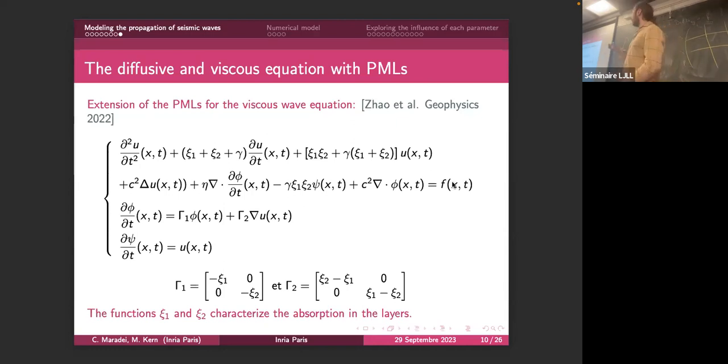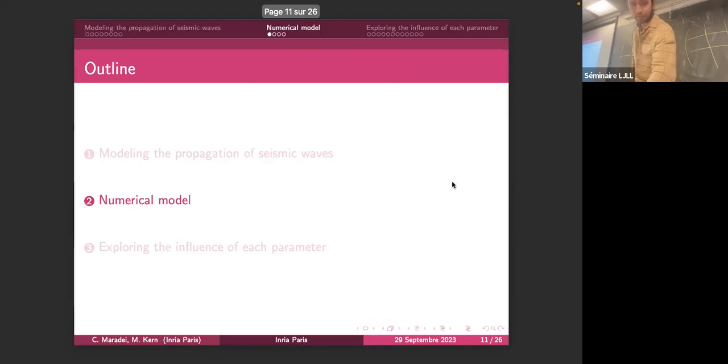And you also have those xi functions. Those are related to the perfectly matched layers. That's why you have them. And the functions phi and psi are really the auxiliary variables that we need to introduce in order to have those PMLs. So really that's what the model looks like.